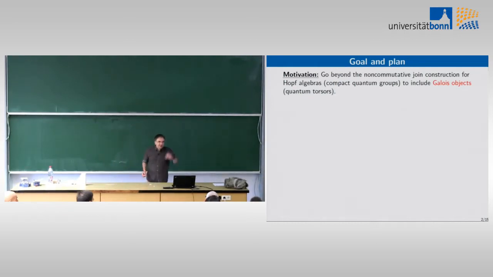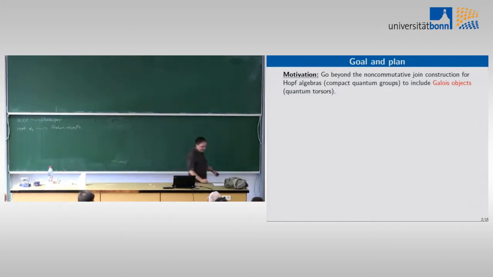Using Paulo's language, it would be like going from wheat to sugar, right? So I wanted to go, say, from Hopf algebras to something a little bit more general, Galois objects.